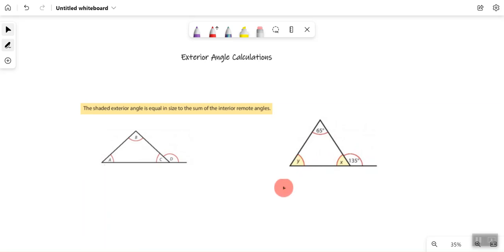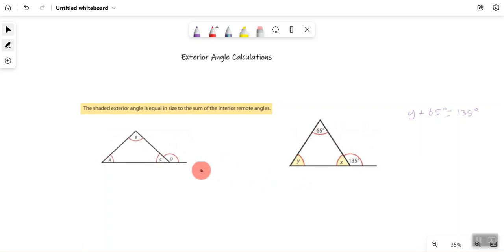So let's do that. What does that look like? We can say that y plus 65 degrees, when we add the two of these together, has to add up to 135 degrees, because of this rule: this angle has to equal these two angles.